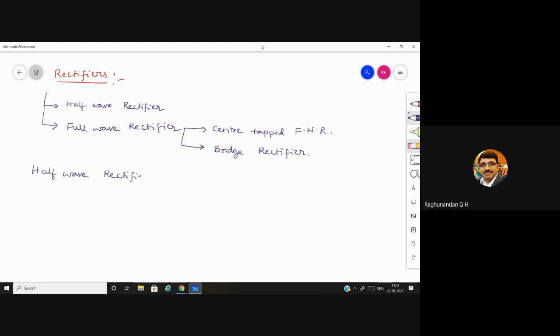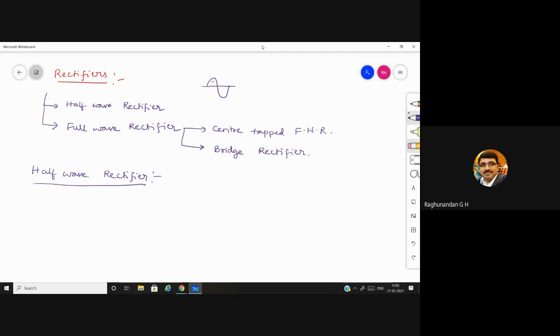As the name itself tells, this rectifier is going to rectify only half of the input signal. If you take a signal, this is one complete full cycle, where we have a positive half cycle and a negative half cycle.